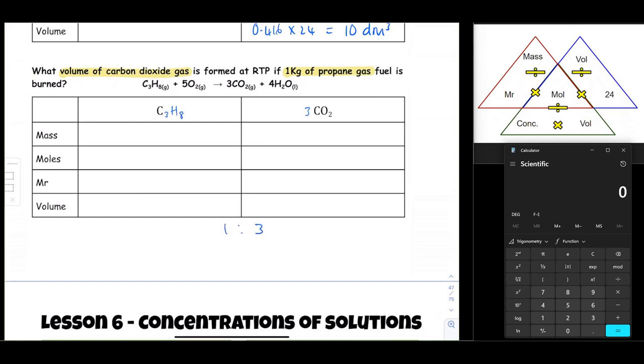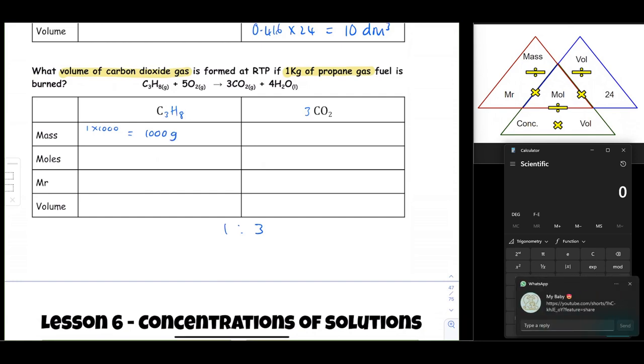I know that I've got 1 kilogram. Well, because I'm converting between two triangles, it's not like before when I only had one triangle, the mass, moles, MR triangle. I need now to convert this into grams. So I do 1 times 1,000, which gives me 1,000 grams.